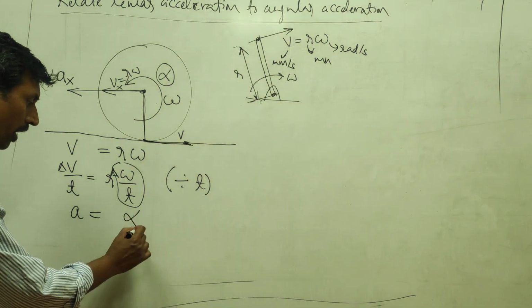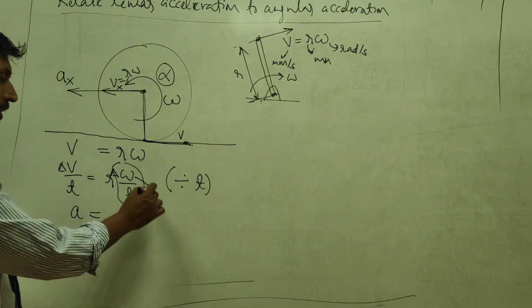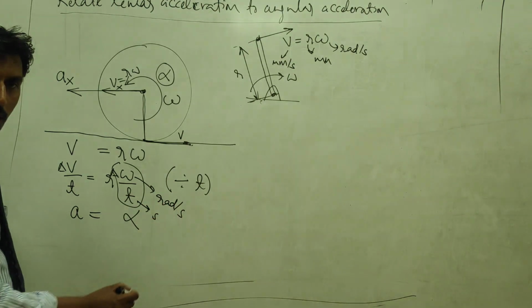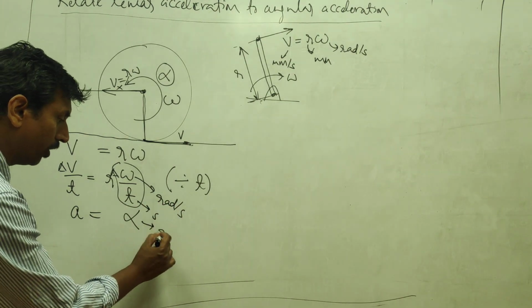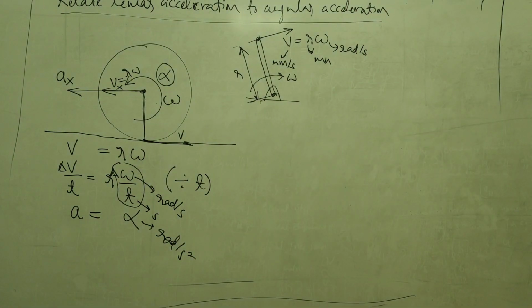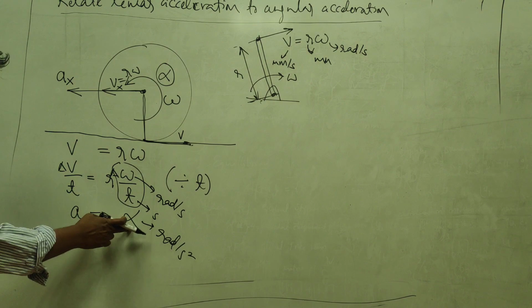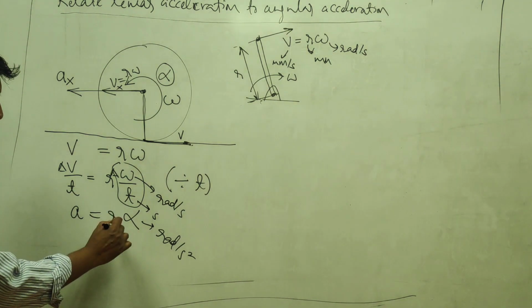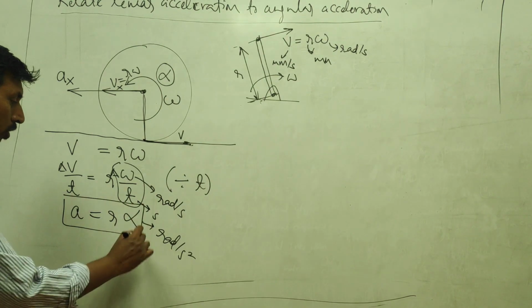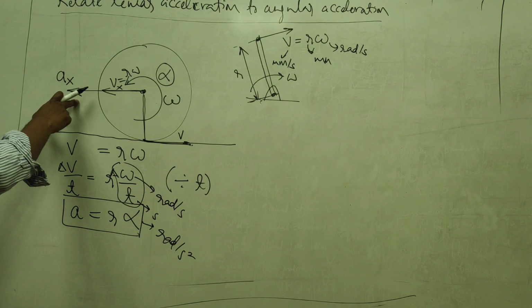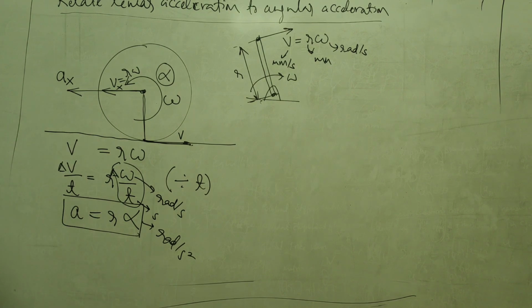So this becomes angular acceleration. If the unit for angular velocity was radians per second, since you are dividing it by one more second, the angular acceleration will be radians per second square. So this is r alpha, a is equal to r alpha. In this way you are able to relate the linear acceleration of a wheel with respect to the angular acceleration of a wheel.